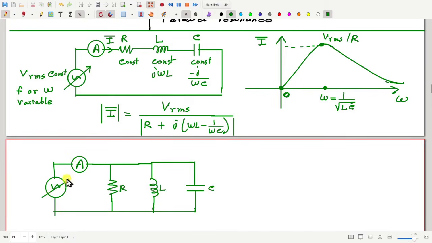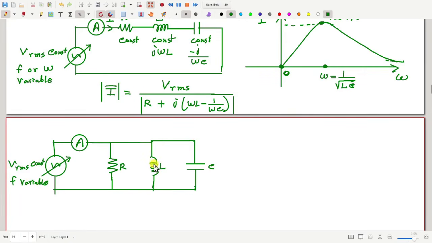Again the voltage source has a fixed, constant RMS value but variable frequency. This current is I, and again I plot a graph of the magnitude of current as a function of the frequency omega.